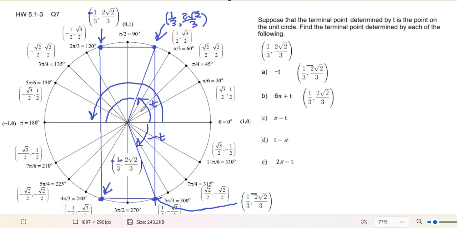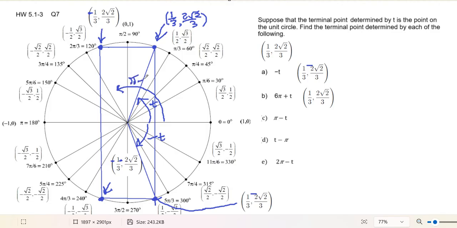So, pi minus t here, let me get rid of this and this. Okay, so this angle here, that's pi minus t, that amount of rotation, except we're starting at the positive x-axis. So if the pi minus t is on the left, it leaves t on the right. So if we put the pi minus t on the right here, it's going to leave t on the left.